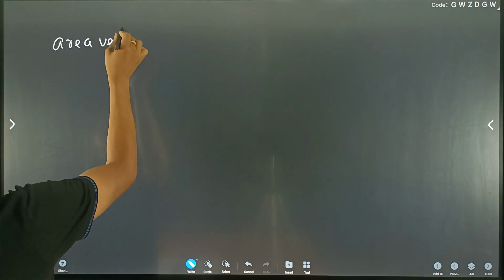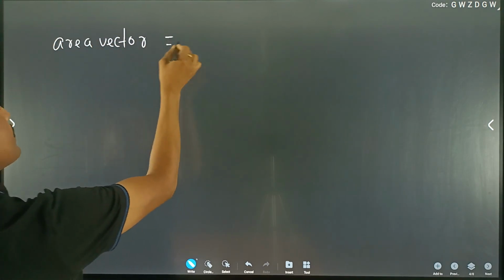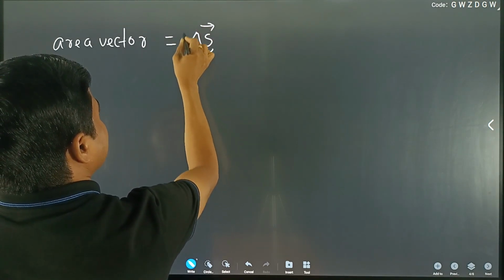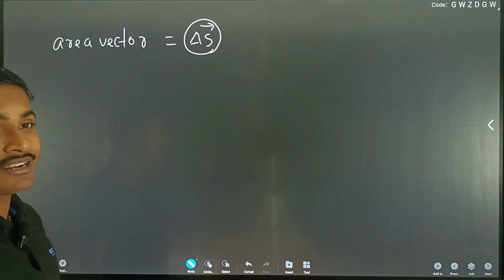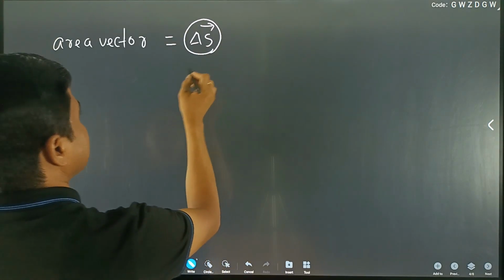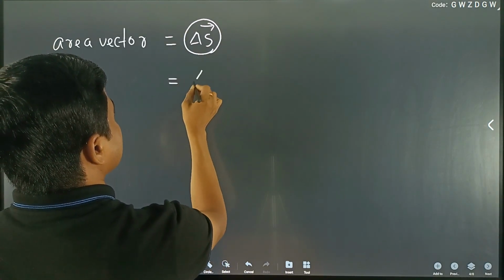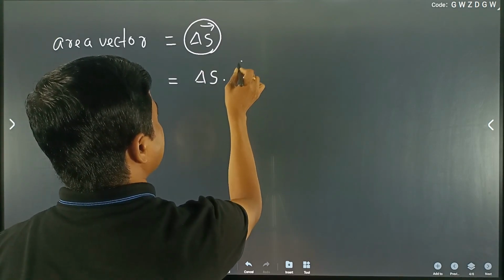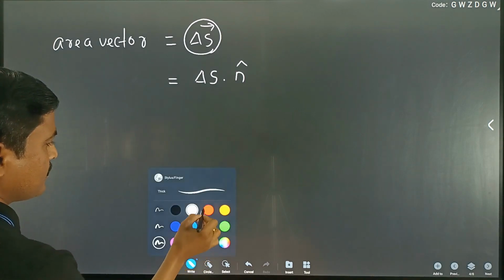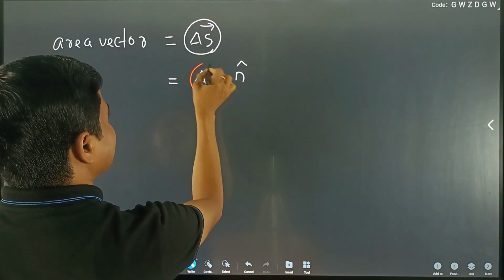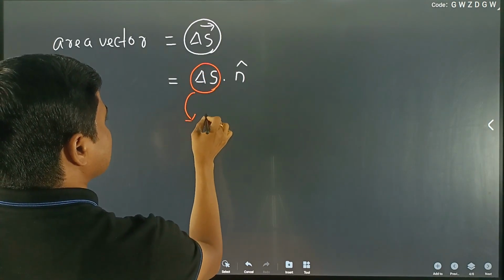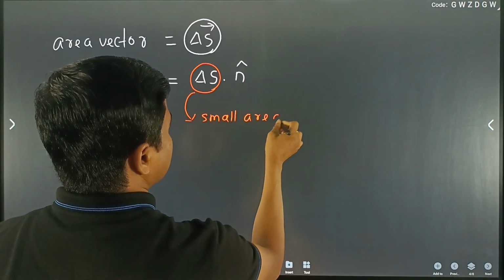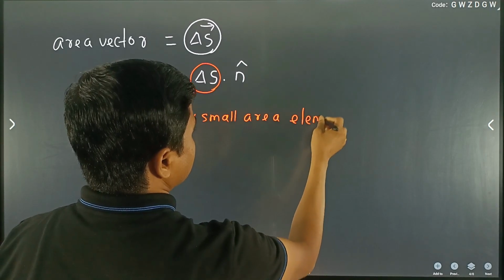Then we write area vector is equal to del S vector. Area vector is represented as del S vector, and you know any vector is represented as magnitude of the vector multiplied by direction, and this magnitude del S is known as the small area element.